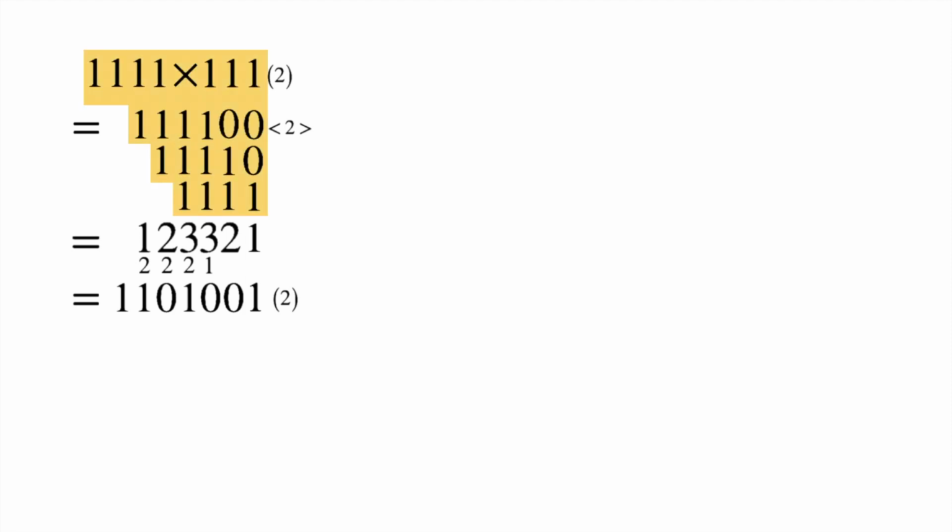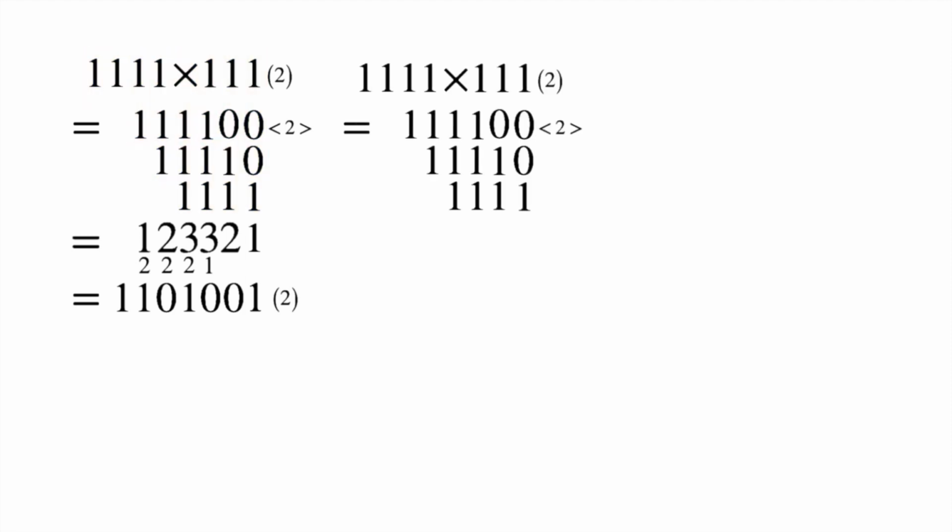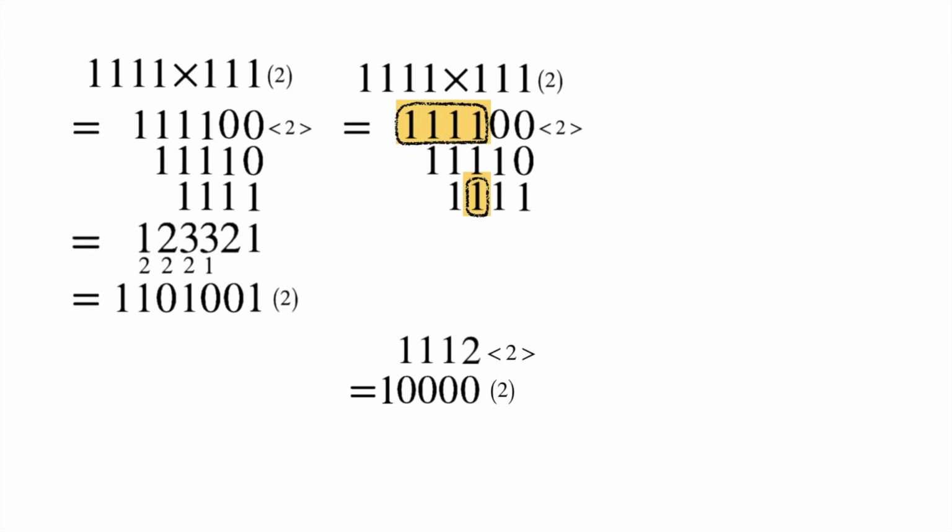But instead, let's use all 1s in base 2. Here is all 1s. It's like 10,000. And another all 1s. And the rest.